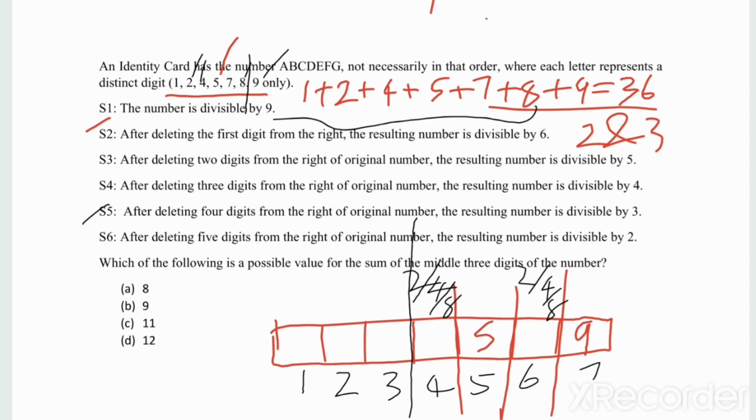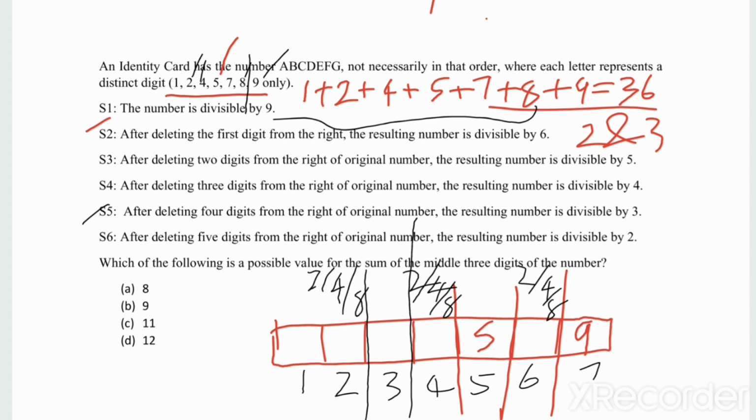Now see the next statement. After deleting 5 digits from the right of the original number, the resulting number is divisible by 2. To be divisible by 2, the last digit should be an even number. So the even digits in the lot are 2, 4, 8.